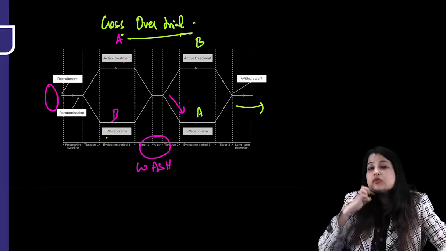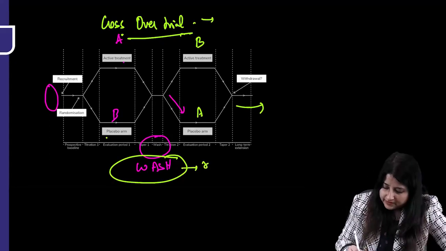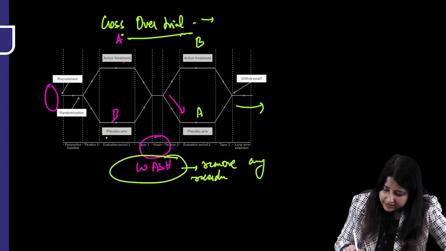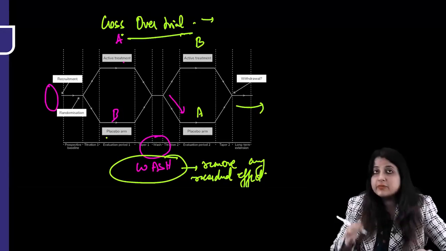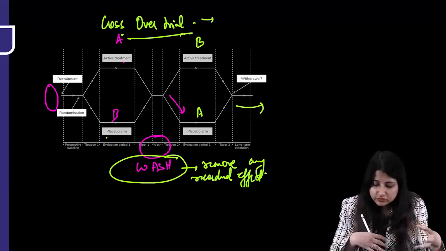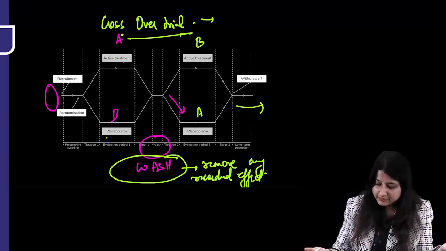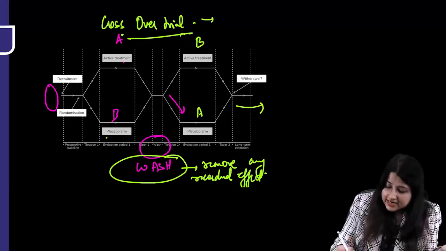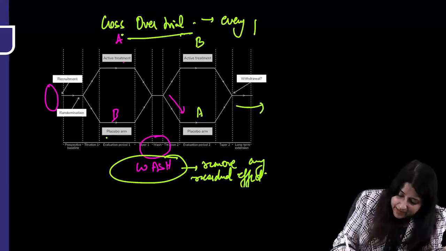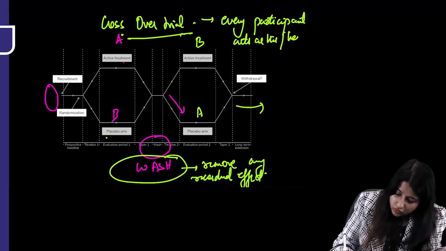How will you identify it? By the washout period. This is to remove any residual effect. Those who were taking the new treatment are taken off that treatment for some time so that its residual effect can be removed, and those who were on placebo are taken off placebo for some time so that its residual effect can be removed. So what is a crossover trial? You will be asked: every participant acts as his or her own control.